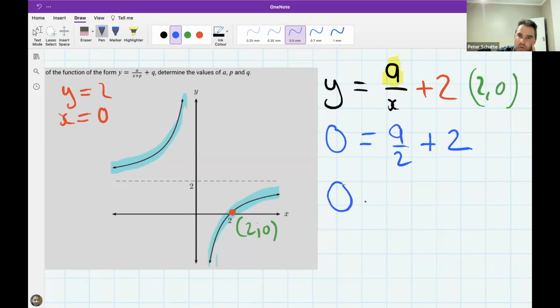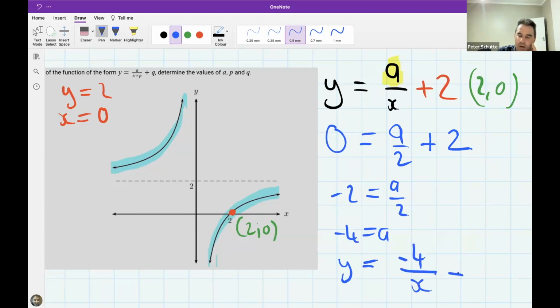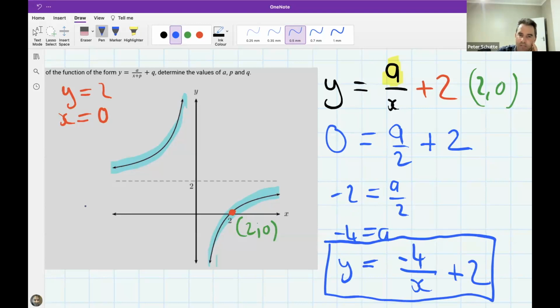So 0 minus 2 is a over 2. And if I multiply that 2 across, I should get a is minus 4. And so the equation of my graph is y equals negative 4 over x plus 2. Okay, so that's not so bad.